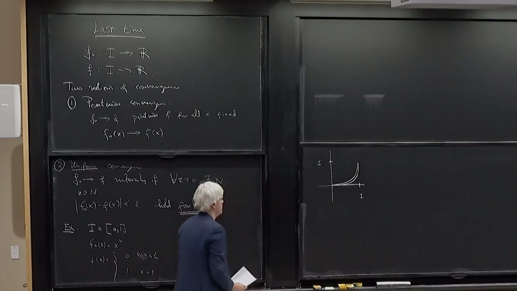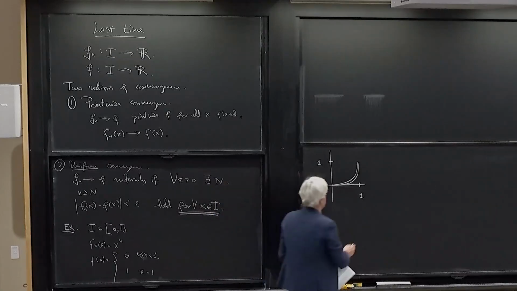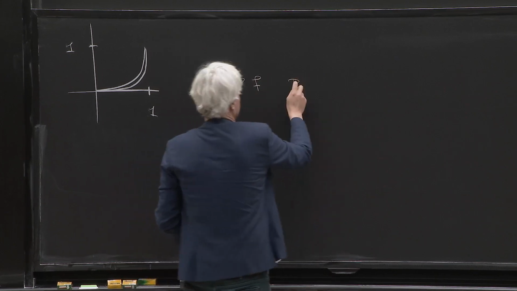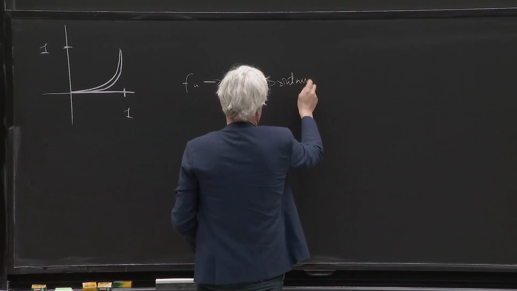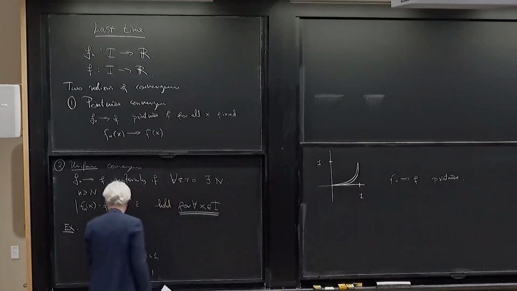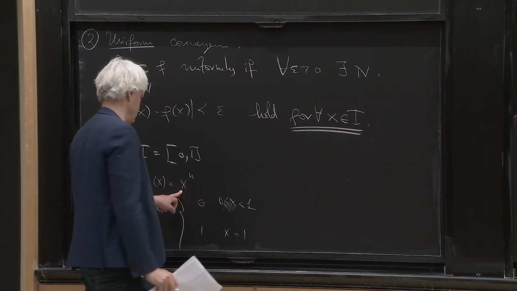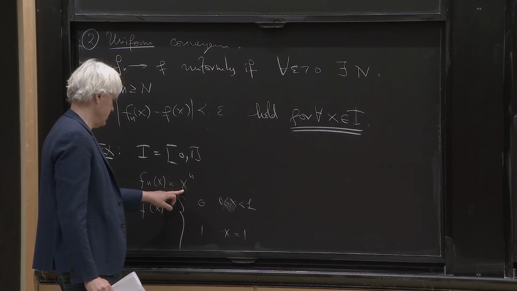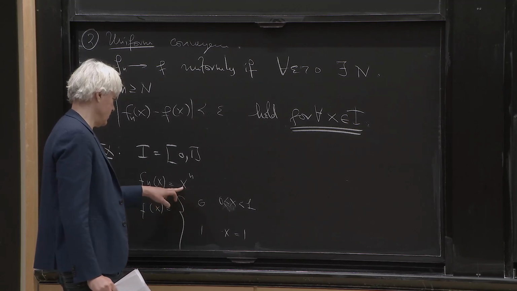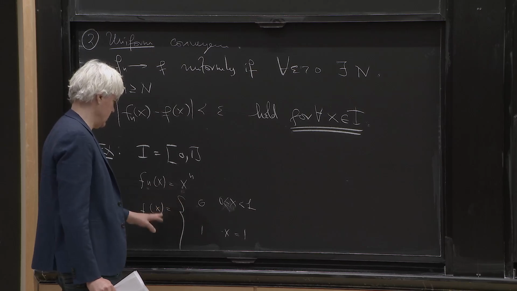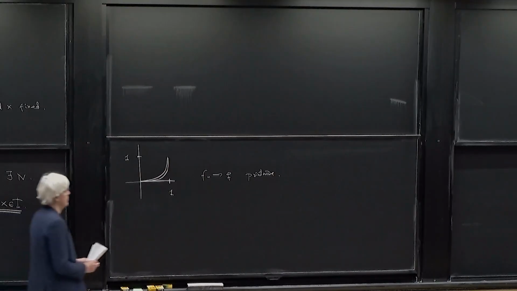And so we had that this sequence fn converges to f pointwise, because if you fix x, then if x is not equal to 1, as n becomes large, the values converge to 0. If x is 1, then fn of 1 is always 1, right? So it's clear that it's converging pointwise.